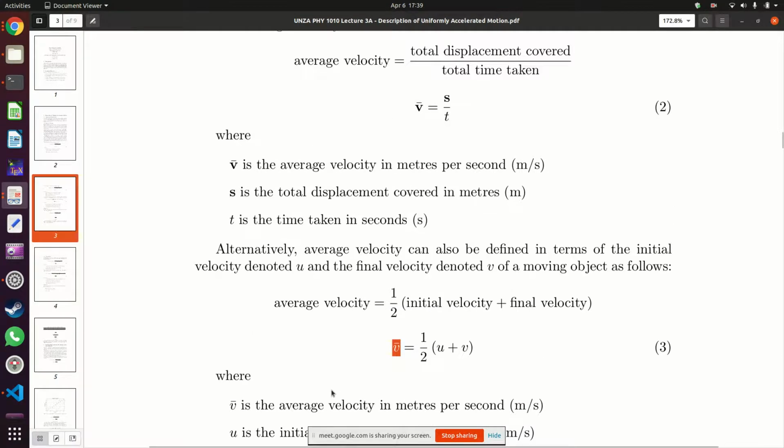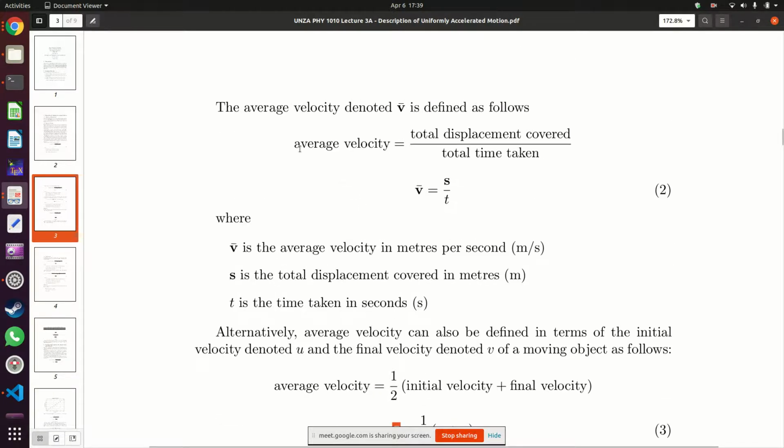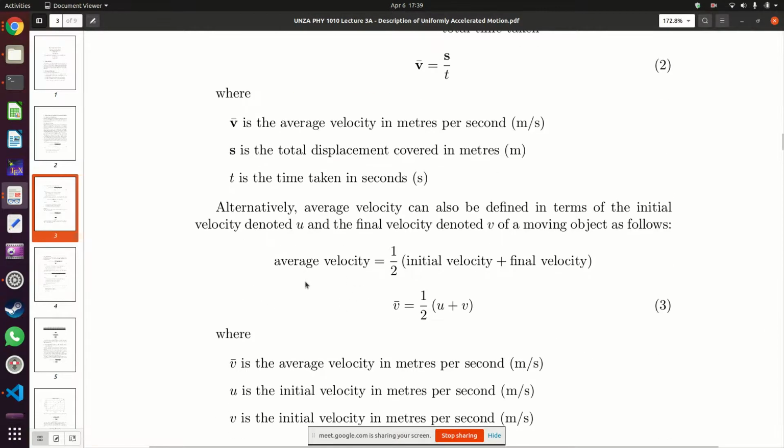So you can use the value of the speed or velocity when you started measuring and when you finished measuring, add them, then divide by 2, and you're going to get your average velocity. The average velocity you get is the same. We love average velocity because it's just one number, and we use it to compare who was moving faster and who was moving slower.